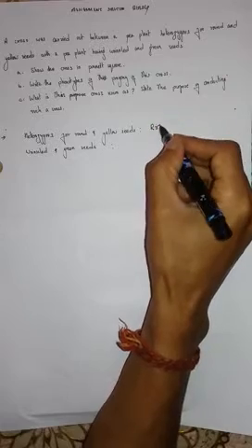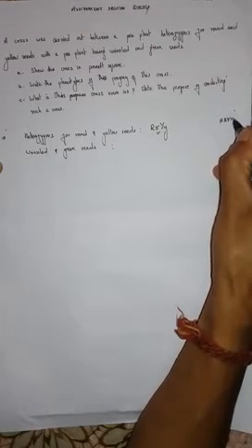Heterozygous means the alleles will be different. So for round the alleles have to be capital R, small r. For yellow it has to be capital Y and small y. So this will be our heterozygous allele.